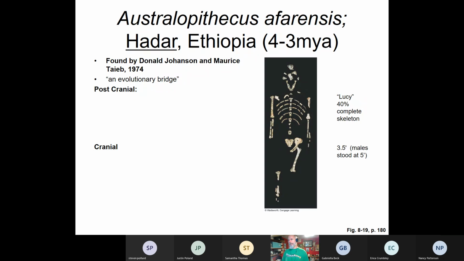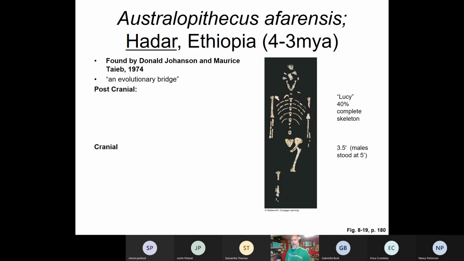Lucy. The other giant name in anthropology is Donald Johanson, who is renowned for his discovery of Lucy. This is Australopithecus afarensis, and it is the most prevalent form of Australopithecine that you find in the fossil record.